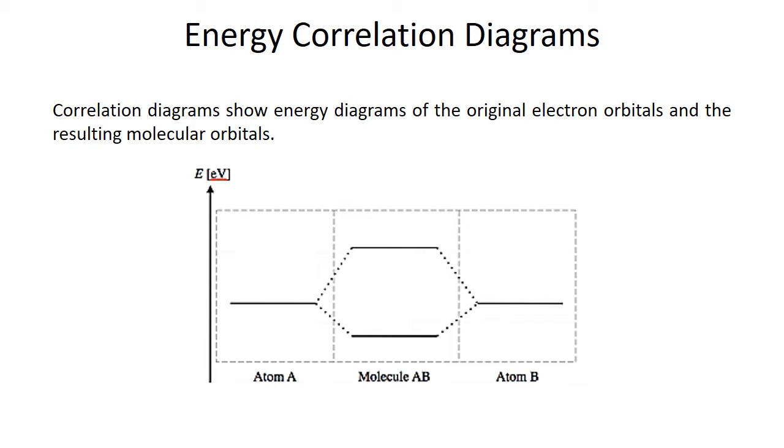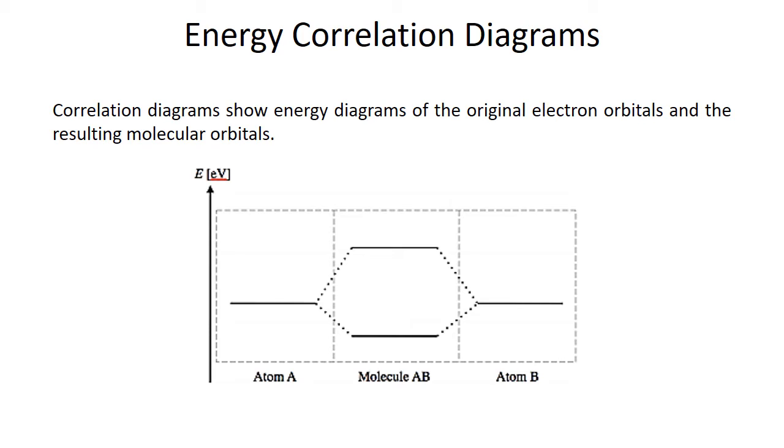Basically, talking about correlation diagrams, they show energy diagrams of original electron orbitals and the resulting molecular orbitals. The correlation diagram below shows an example of atom A and atom B. They combine into molecule AB.